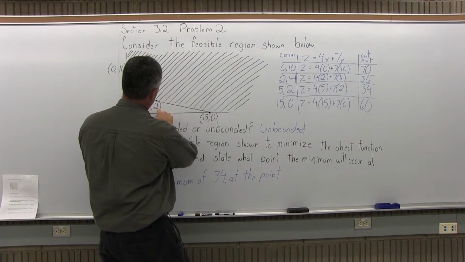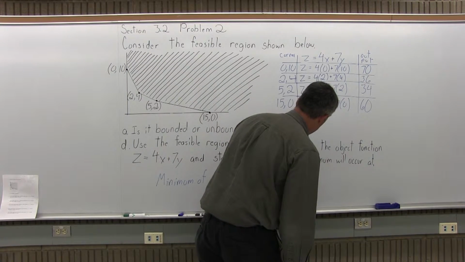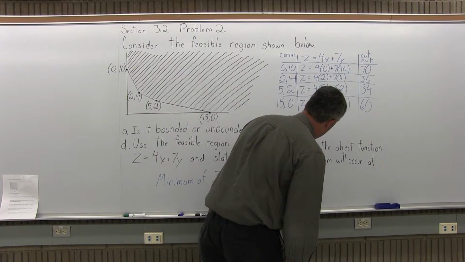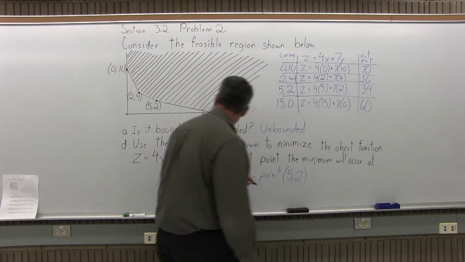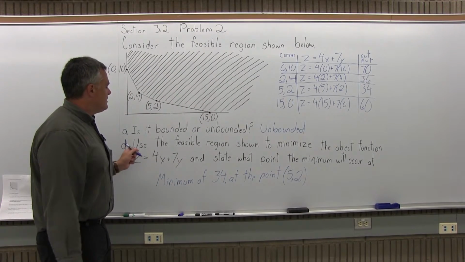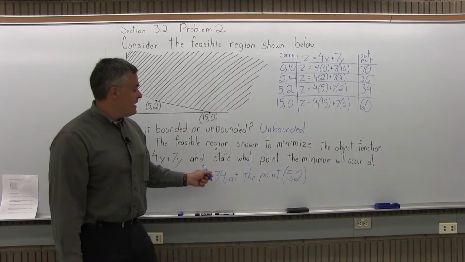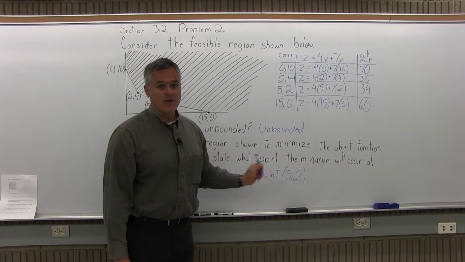The minimum occurs at 5, 2 for this part. So the answer for part D: the minimum output is 34, and it occurs at the point 5, 2.